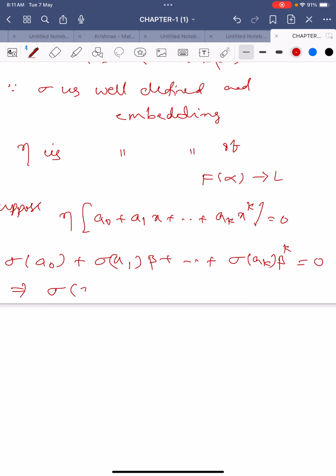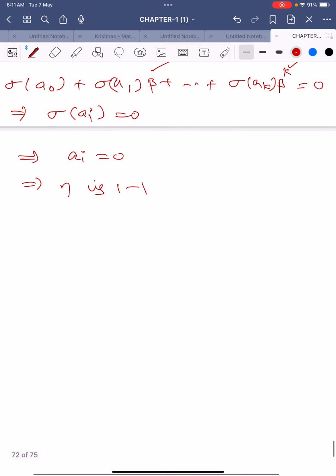This condition shows sigma(ai) = 0, because in the extension field the elements beta^k form a basis for F(alpha). Every basis is a linearly independent set, so the coefficients of these vectors must be 0. Sigma(ai) = 0, and if sigma(ai) = 0, then ai = 0. This shows that eta is one-one.